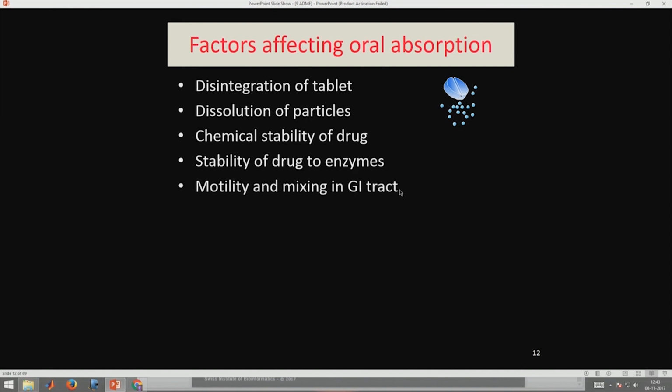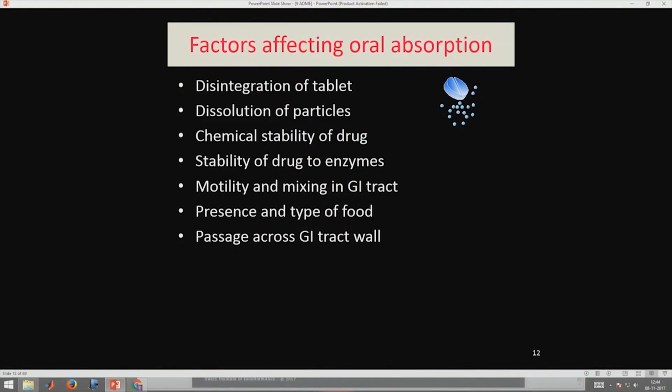Motility and mixing in the GI tract: they are mobile, they get mixed with the GI fluid, and they may get mixed with food and so on. Presence and types of food: sometimes proteinous material can absorb or adsorb drug active ingredients. The drug may also get diluted because of fluids inside the GI tract.